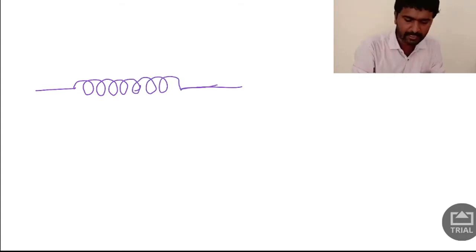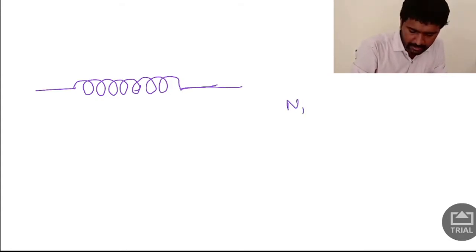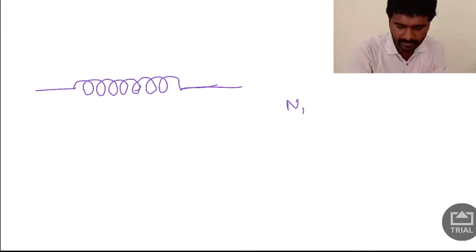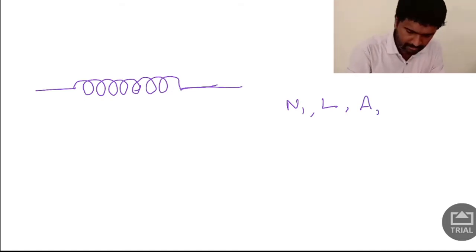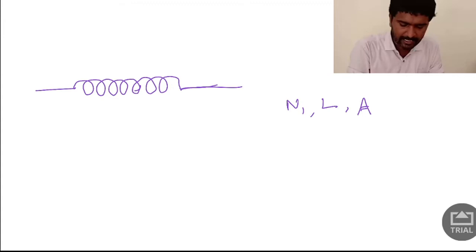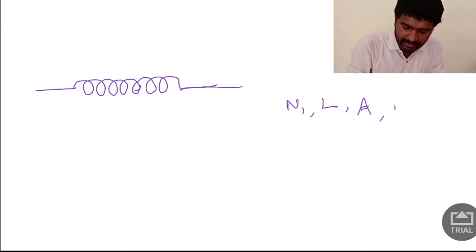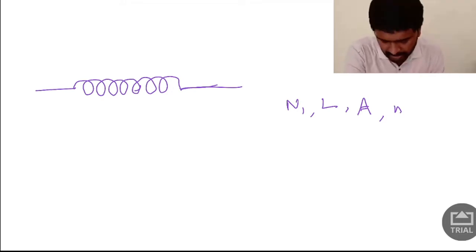Assume that N1 is the total number of turns in the coil, the length of the inductor is L, and the area of the inductor is A. Say small n1 is the number of turns per unit length, so that will be equal to N1 by L.